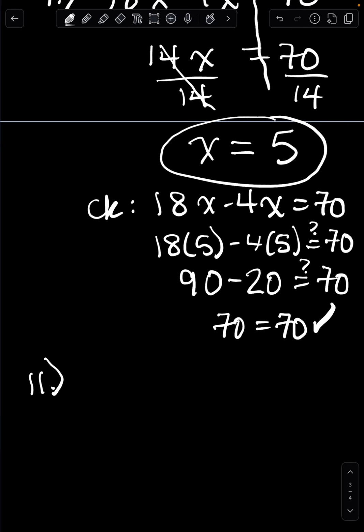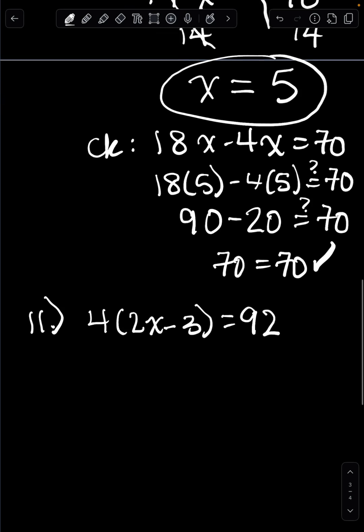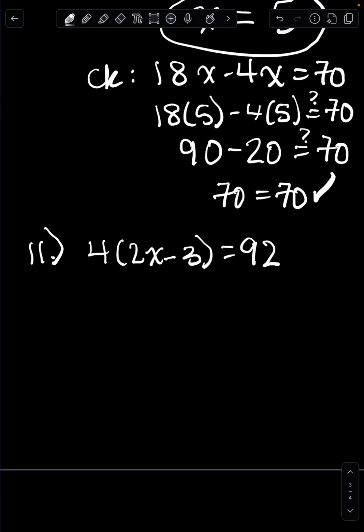Number 11. 4 times the quantity 2x minus 3 equals 92. Okay, so here's my equal sign. There's two ways we could go about this. We could either divide both sides by 4, or we could distribute the 4.